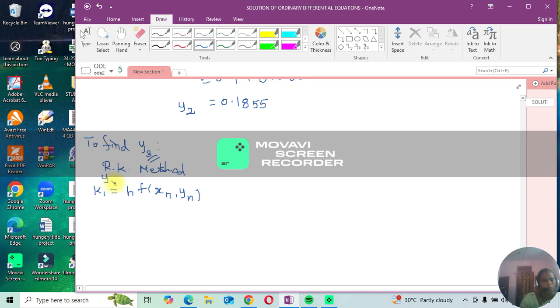So yn plus 1 is nothing but yn plus delta y. So to get y3 we need to substitute n equal to 2. So I am substituting n equal to 2. So h into f of x2 comma y2.